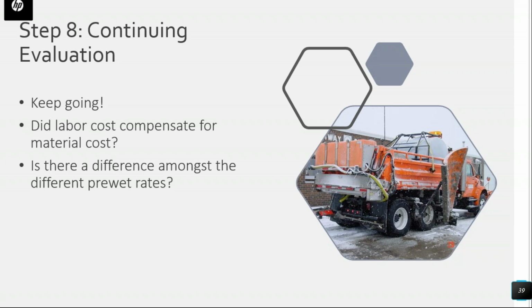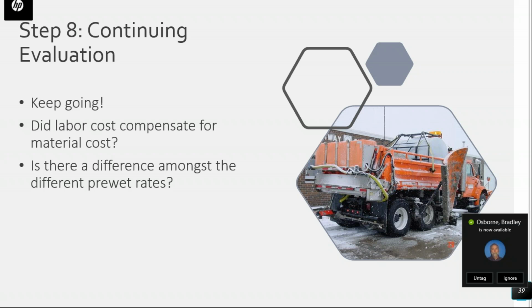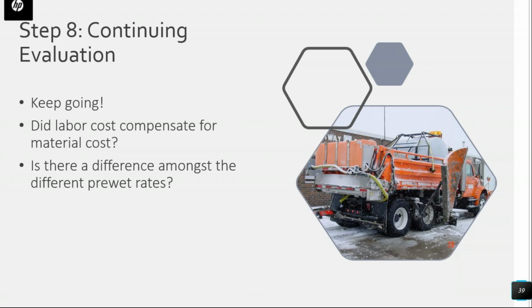Was there any difference amongst the pre-wet rates? Was there any difference amongst the people that had 5 gallons per lane mile versus those that did 20? Was there a point at which the returns diminished? You can continue these kinds of looks, dig a little deeper, and answer a few more questions about what's working for you and what isn't.